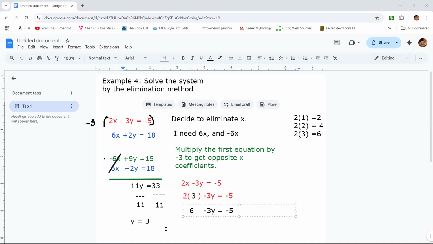And then I solved the equation just like before.